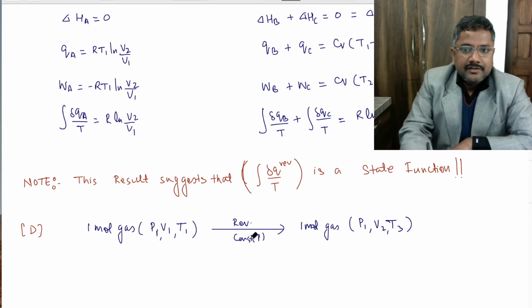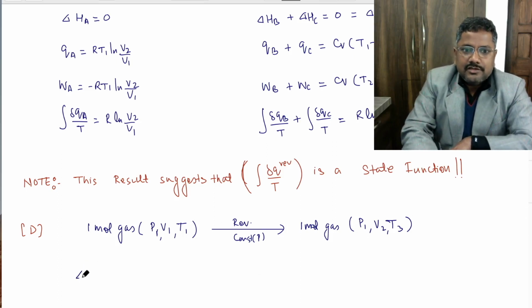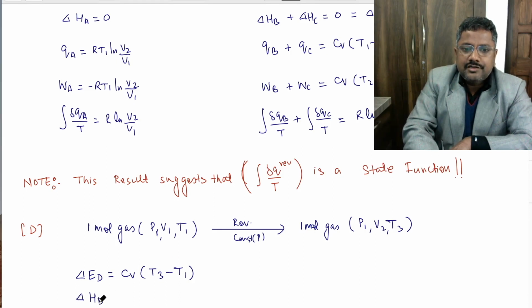Now see, temperature is not constant, so delta ED is equal to CV (T3 minus T1), this minus this. Delta HD is equal to CP (T3 minus T1).